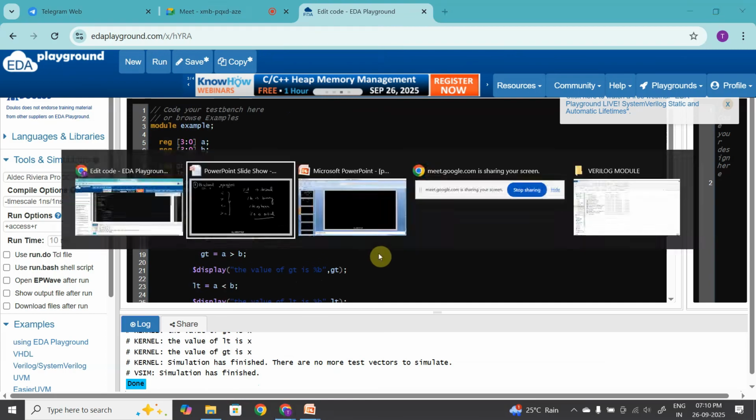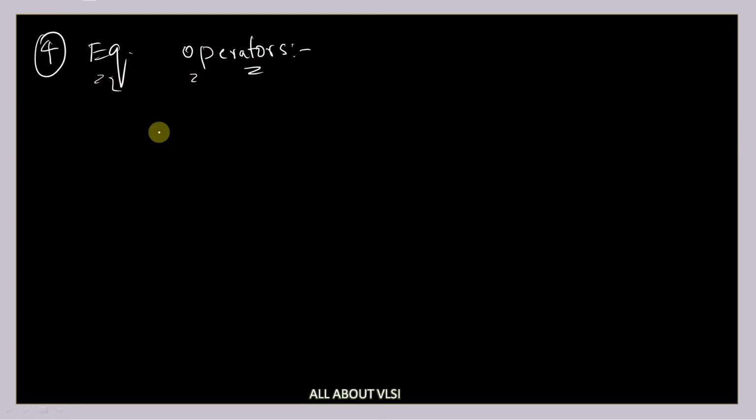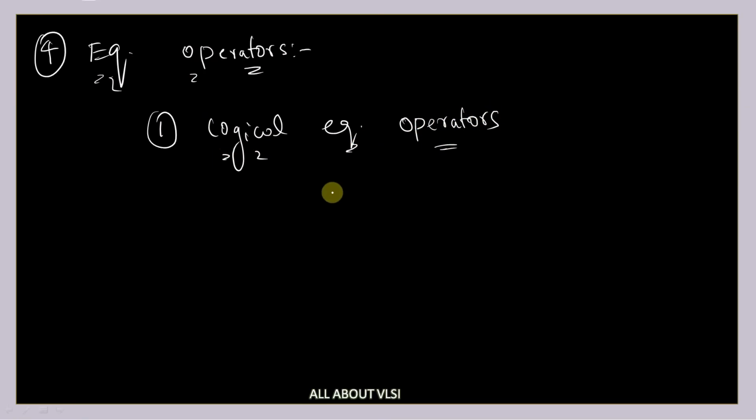Okay, now after relational operators, the next type of operators we have is equality operators. In the case of equality operators, we have two types. One is logical equality operators, in which we have double equal to and not equal to.